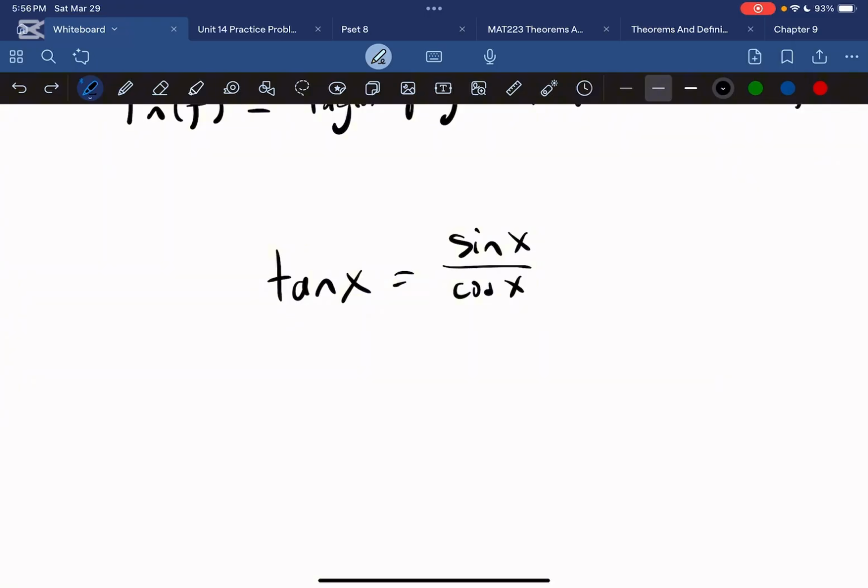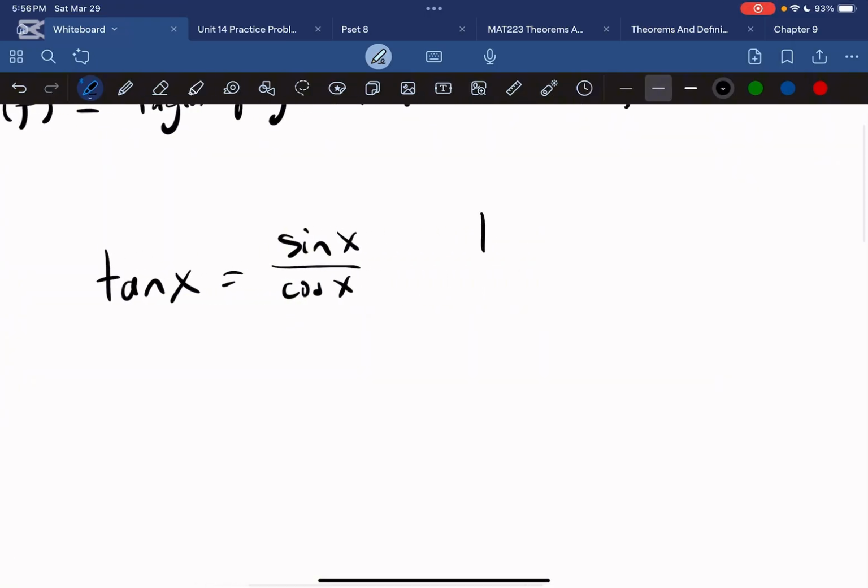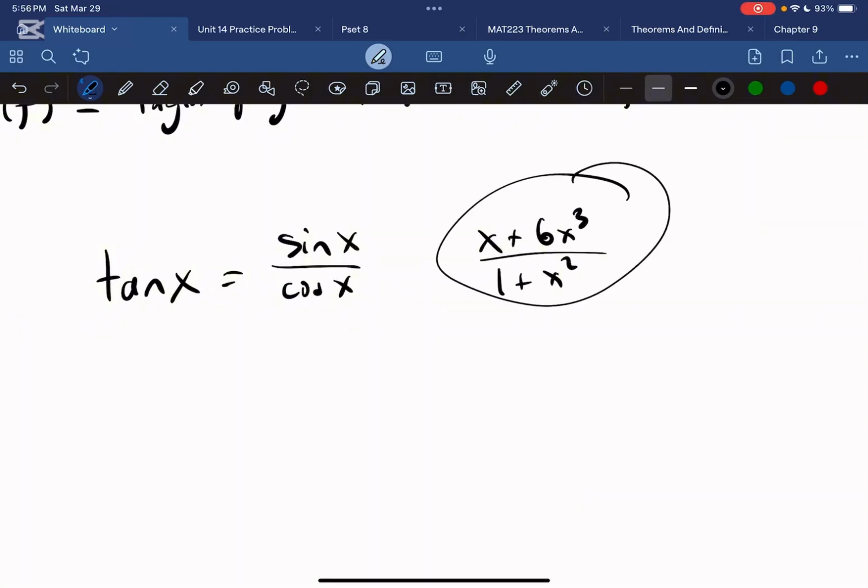Well, not exactly. If you end up dividing, you'll get something like x plus x cubed over 3 over 1 plus x squared. This isn't a Taylor polynomial. It's accurate, and a very good approximation, but it's not a Taylor polynomial.